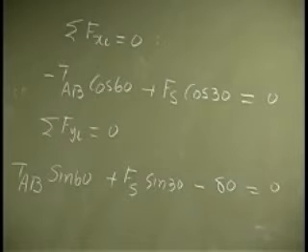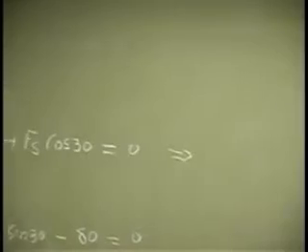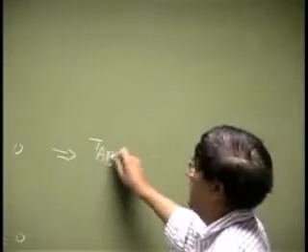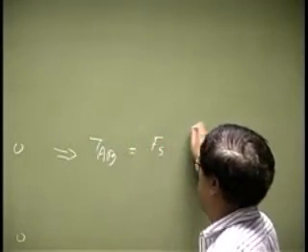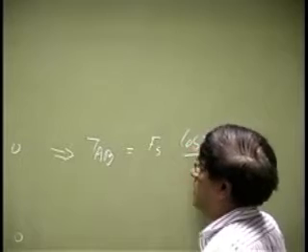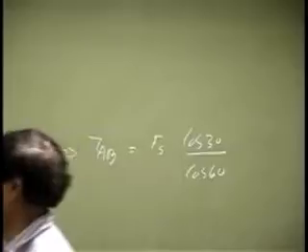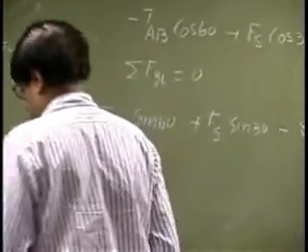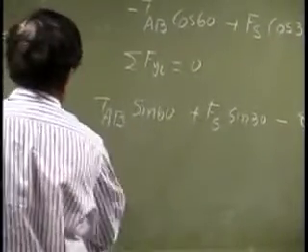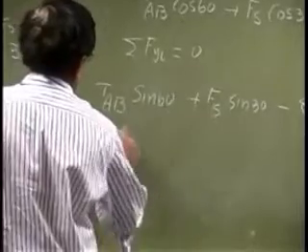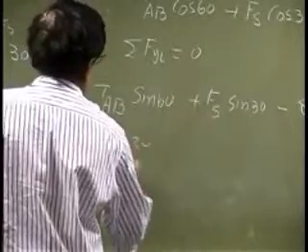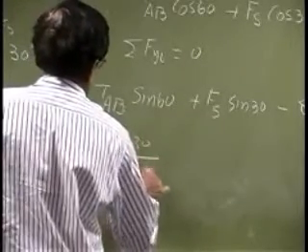And since we only need the force in the spring, from here I could say that TAB is Fs cosine 30 over cosine 60. We come back here, put those two together, that means you have Fs cosine 30 over cosine 60.